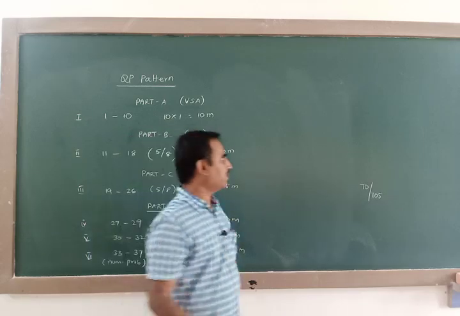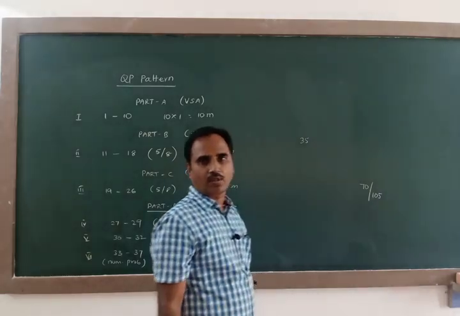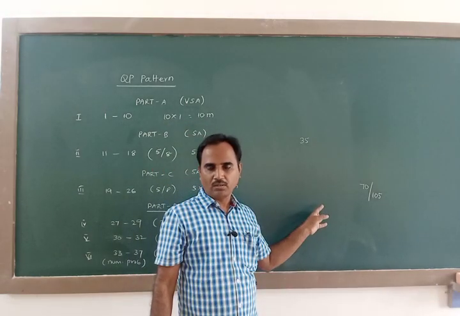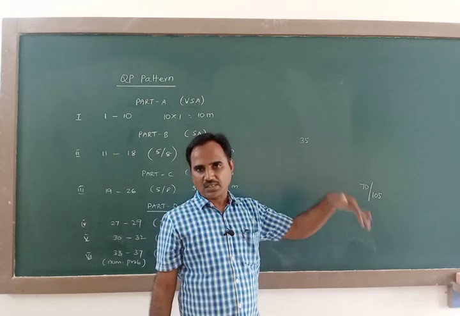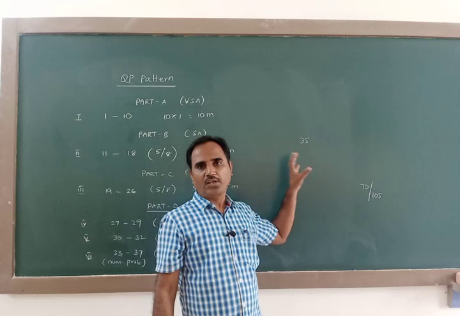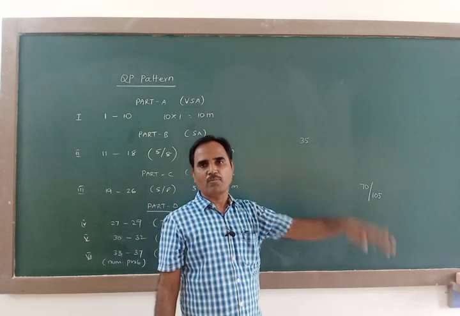Including practical, it should be 35. So theory minimum 21 and the rest of the marks will be for practical. In every subject, if you get a minimum of 35 marks, then only it is considered to be passed.